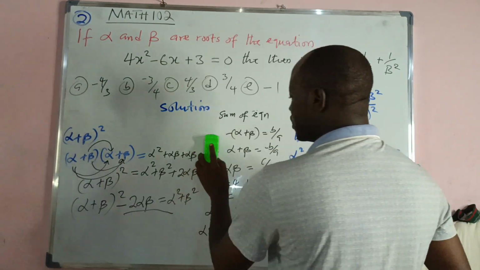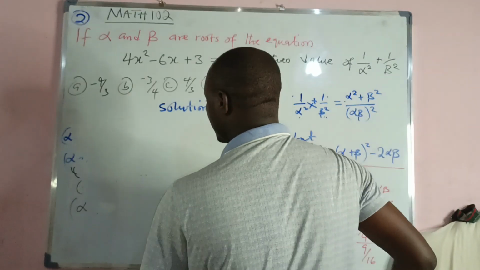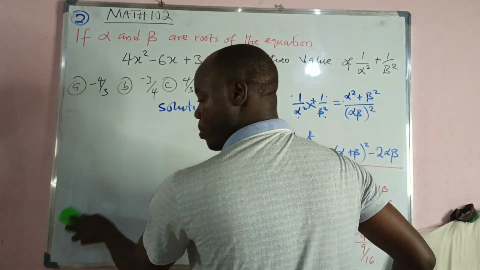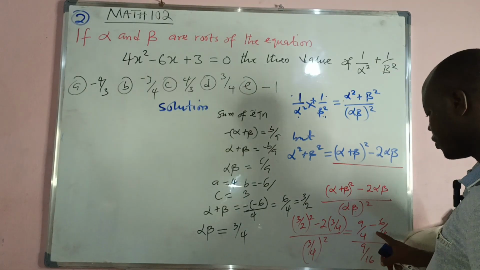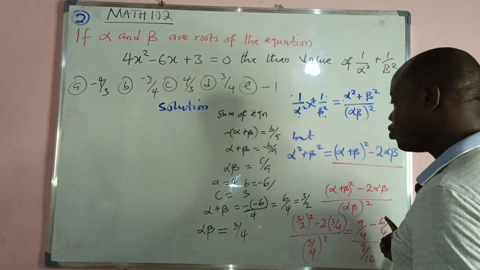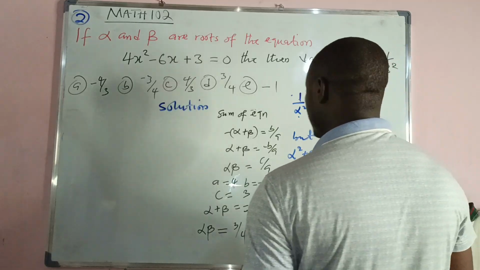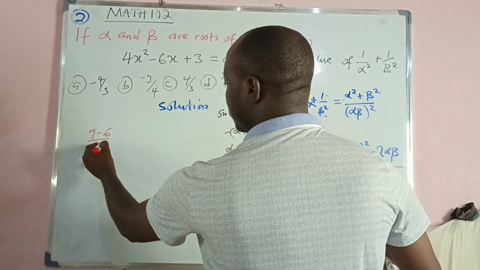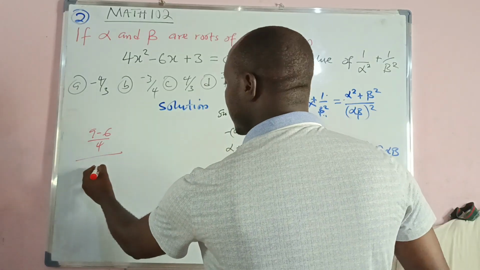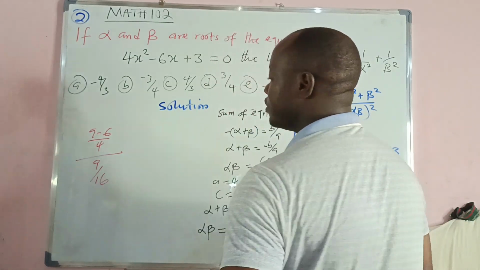Let me clean this and continue here. From here we have 4 and 4, so it's common. We are going to take 1. So at the end we have (9 − 6) over 4, then divided by 9 over 16.